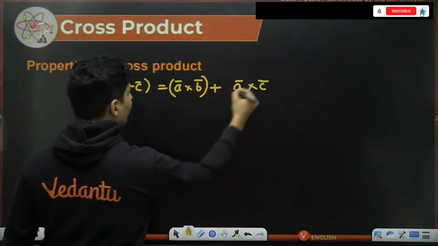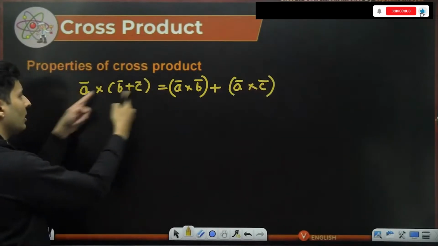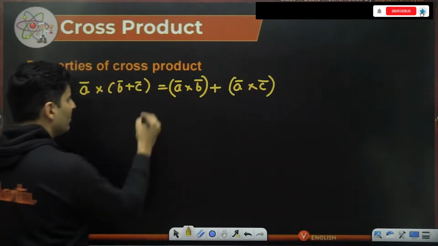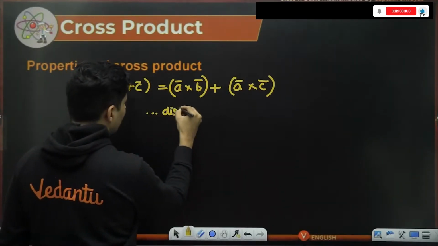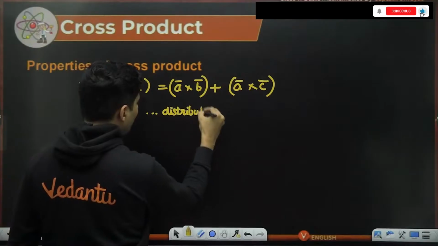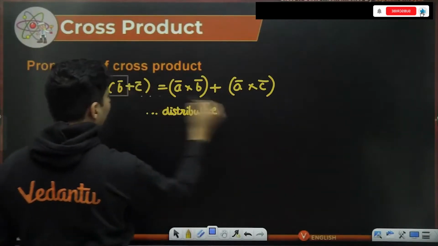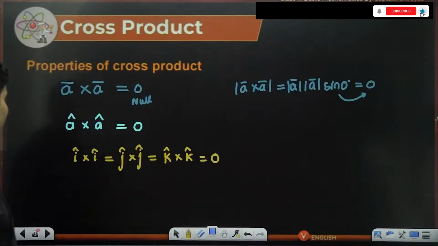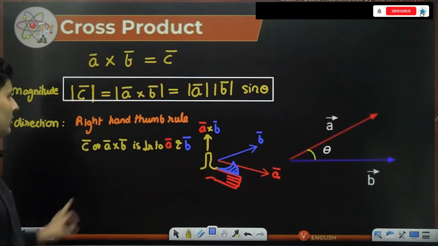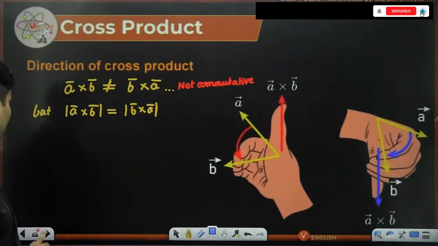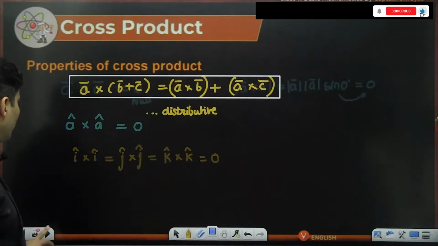So I can distribute A with B and C. This property is your distributive property. Okay, perfect. So this property is definitely followed, but commutativeness is not followed. It is not commutative. Please keep this in mind. Okay. Other things I have told you over here.